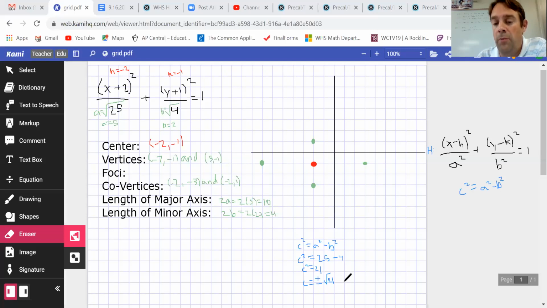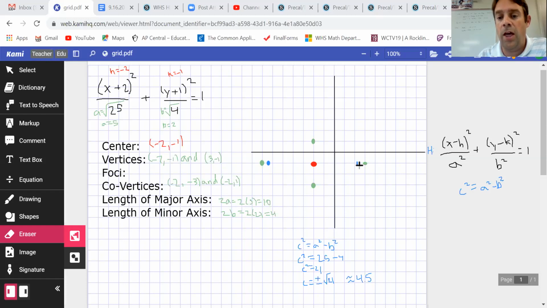I don't need to know exactly what root 21 is, so I don't need to plug it into my calculator. I know the square root of 16 is 4 and the square root of 25 is 5, so it's going to be somewhere in the middle, around 4.5-ish. The reality is these are all rough sketches anyway. So 1, 2, 3, 4, right about here somewhere.